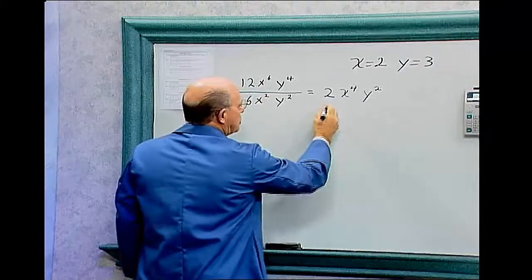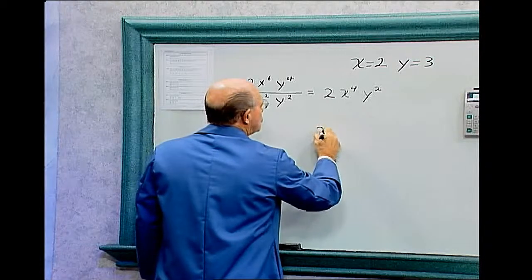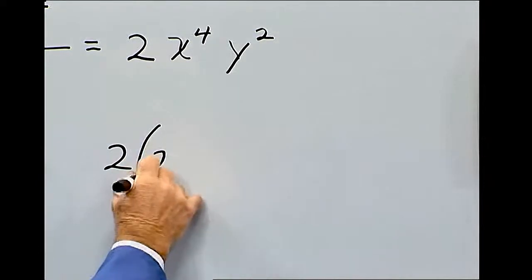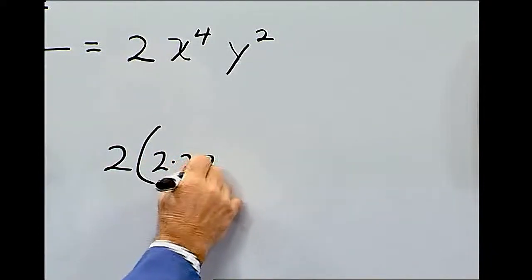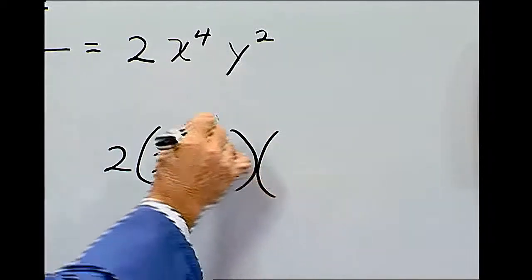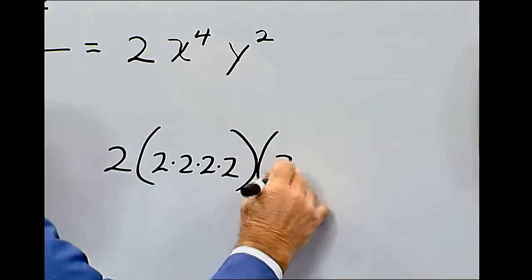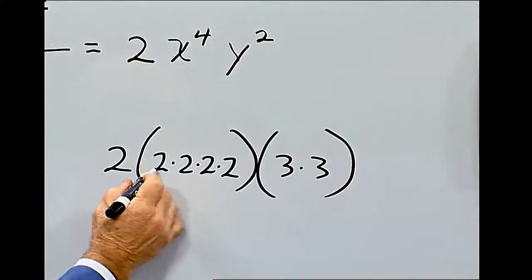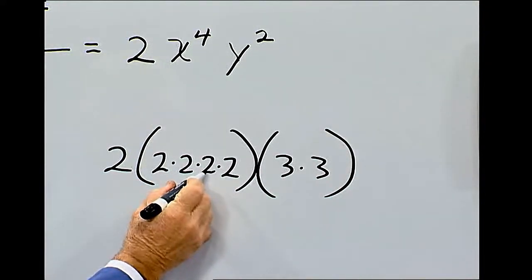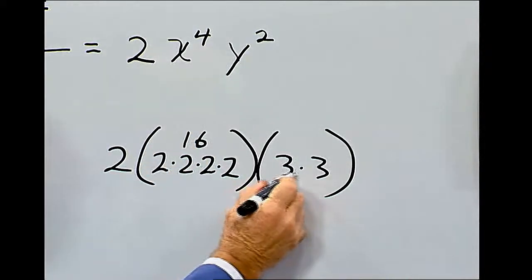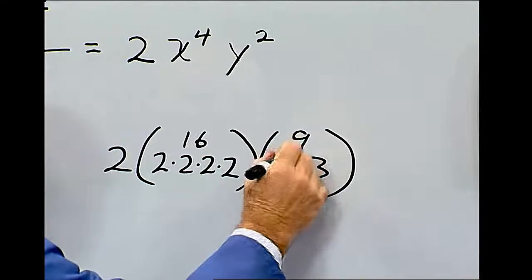So let's do this problem. 2 times x to the fourth power is 2 times 2 times 2 times 2, times y to the second power is 3 times 3. 2 times 2 is 4, times 2 is 8, times 2 is 16. 3 times 3 is 9.